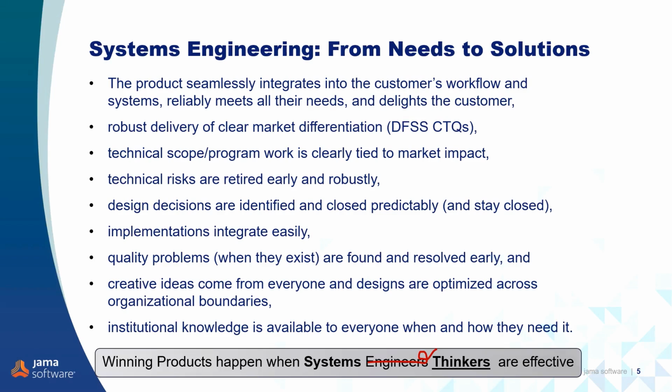Once you have a frozen design, you want to make sure that it actually integrates easily. When you have integration or quality problems, they're found early and resolved early when you have time to react. It's a lot easier to adjust your design in the first half of your program. It's really hard when you find severe quality issues with a month left before shipment.